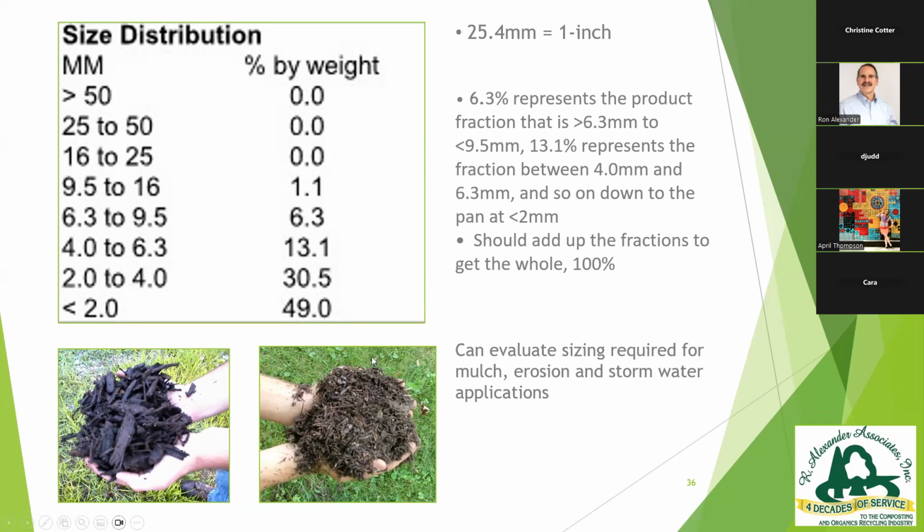But the important concept here is typically this 9.5 millimeters. That's about a 3/8 inch screening. You're going to typically see 90% or more, 95% or more below that number for a soil amendment based compost or a soil amendment in most cases. Okay.